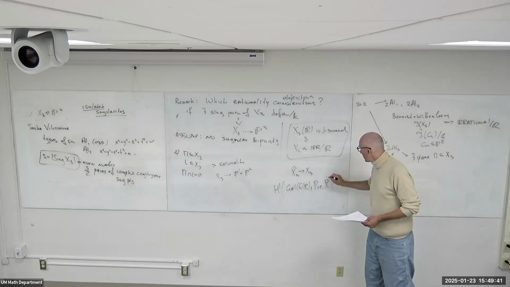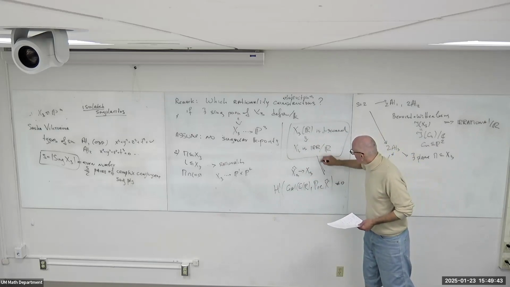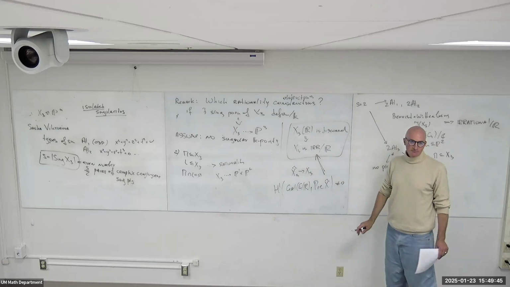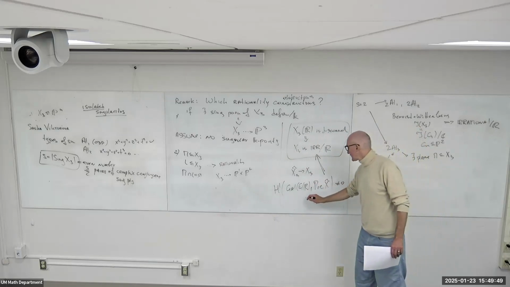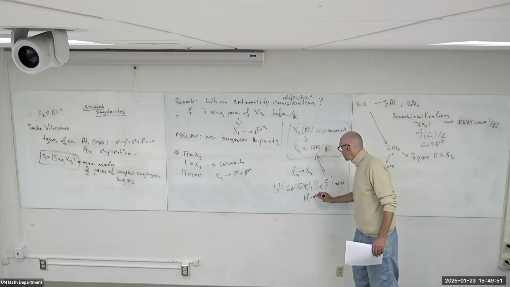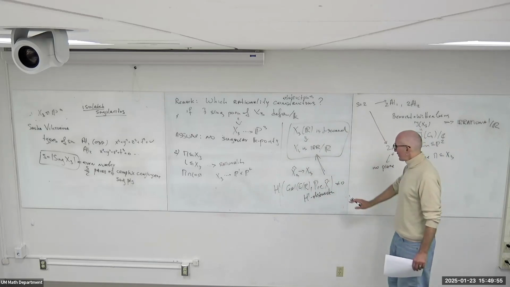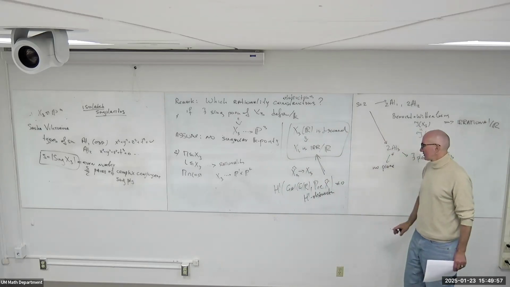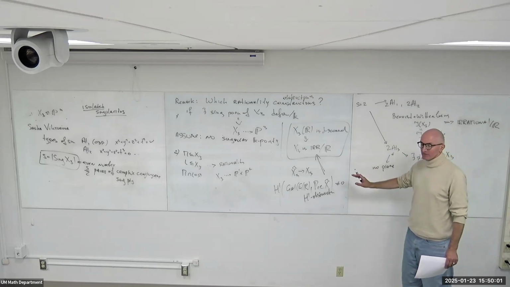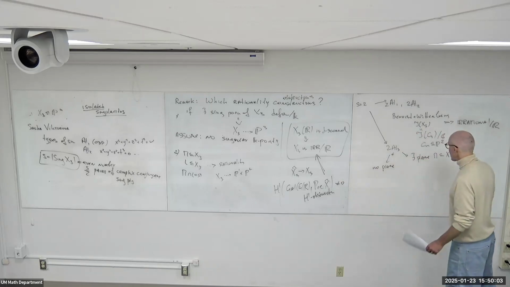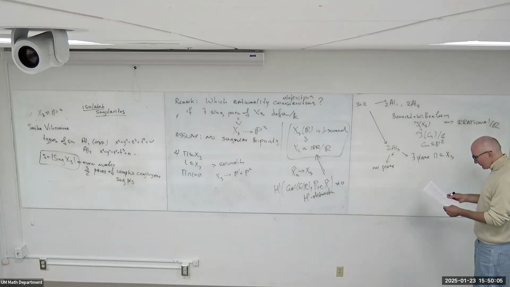So if this is not zero, it implies it's irrational. In this case, we call it the H1 obstruction. So it also doesn't always work, but in many cases it works.